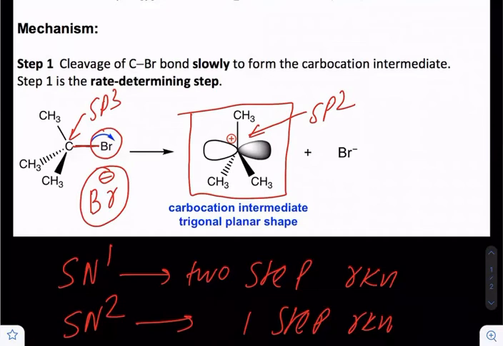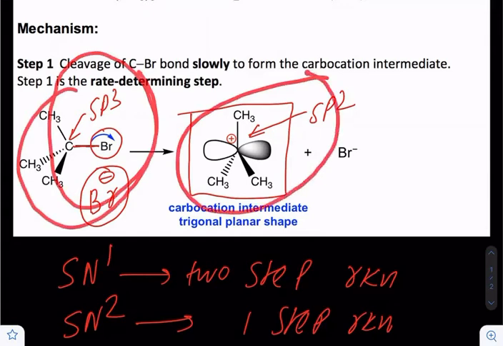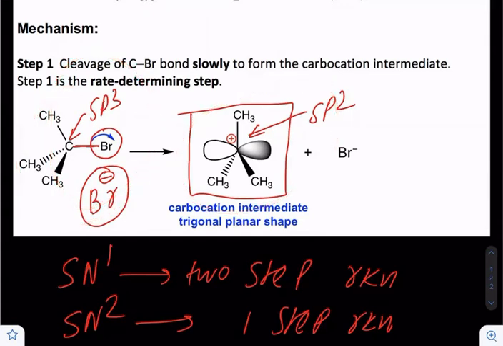We are going from an sp3 hybridized tetrahedral carbon to an sp2 hybridized trigonal planar situation, because this carbon is losing an electron pair.